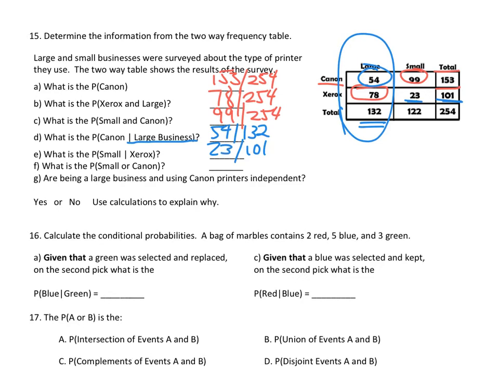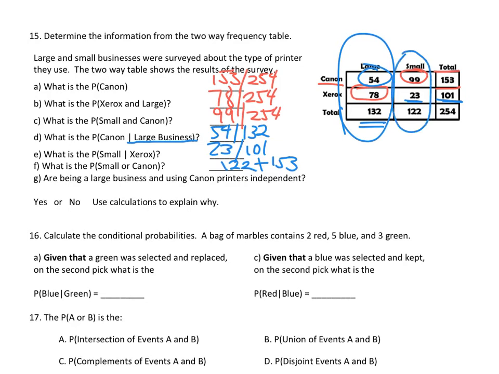The last one, what's the probability of it being a small business or a Canon? Okay, so the total for a small business is 122. The total for a Canon is 153.